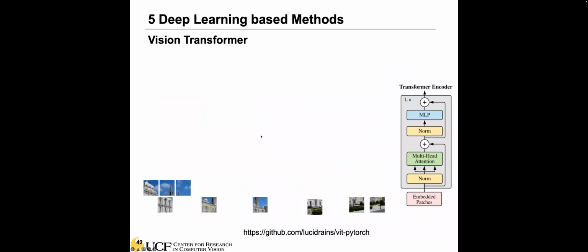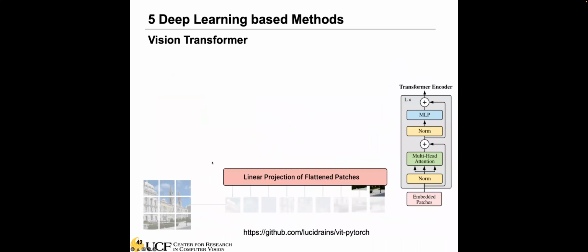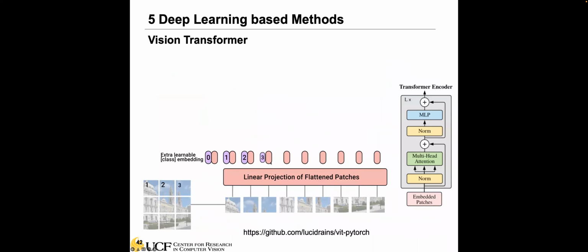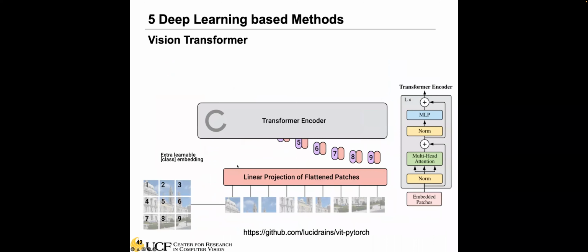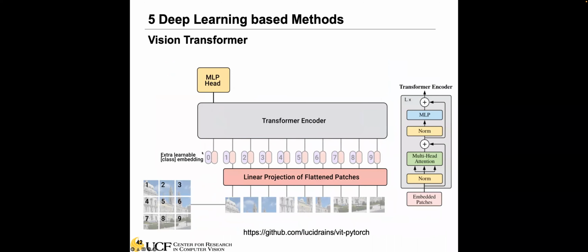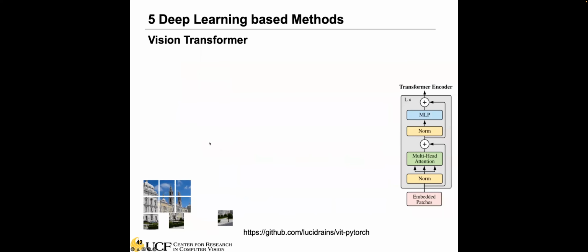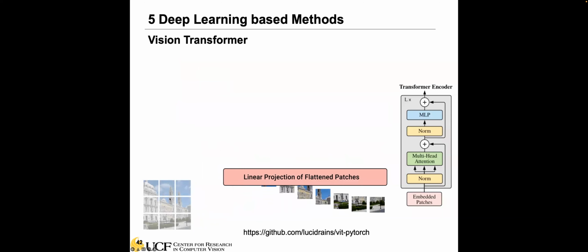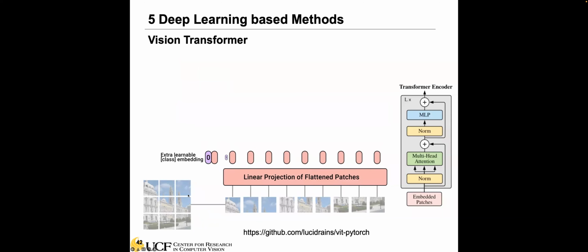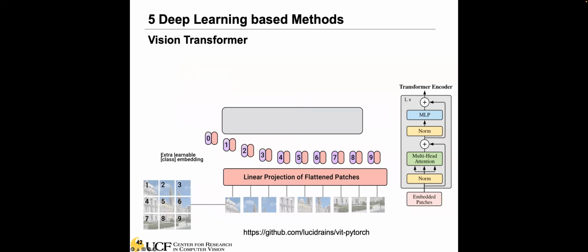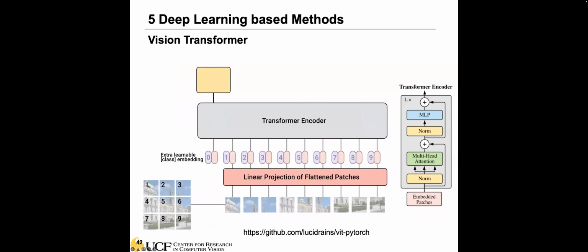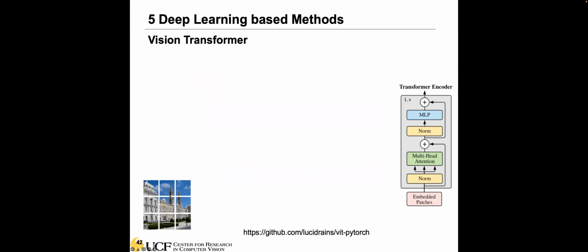If you don't know vision transformer, here is just a very high-level, simple visual representation of how transformers have been applied to vision problems. Here we are dealing with image classification. In the beginning, we partition each image into small patches, here 9 patches.